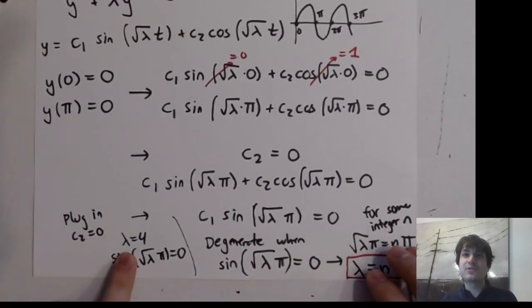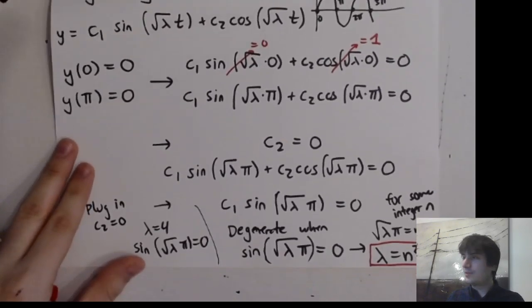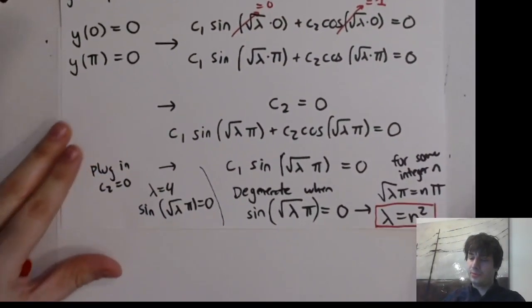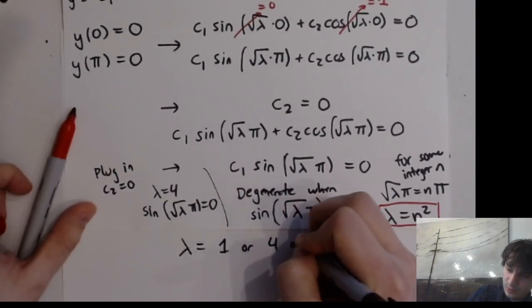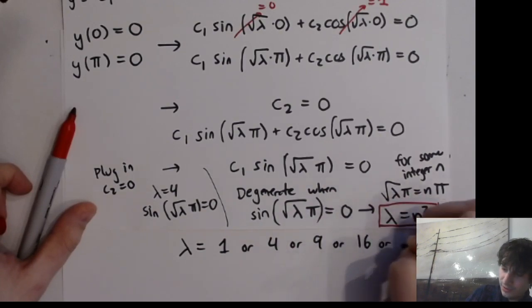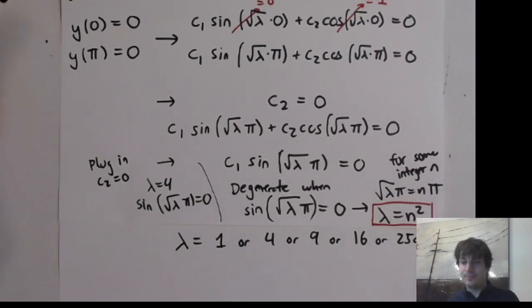So before we had lambda equals 4, that was 2 squared. The other values that work are 1 squared, 1, or 9, and so on. So you could write the answer as a list: lambda equals 1 or 4 or 9 or 16 or 25 or so on. There are infinitely many values of lambda that work.